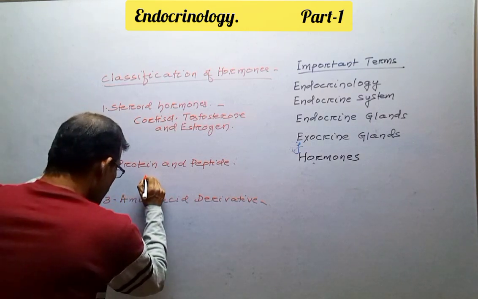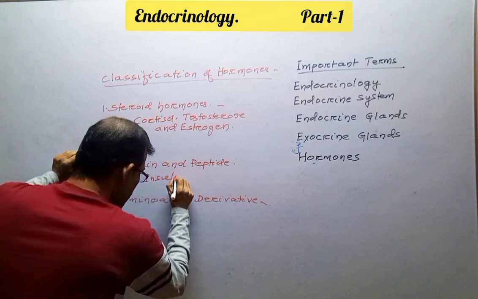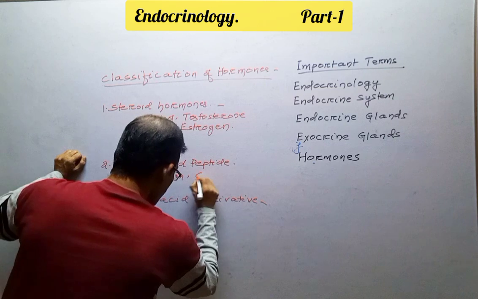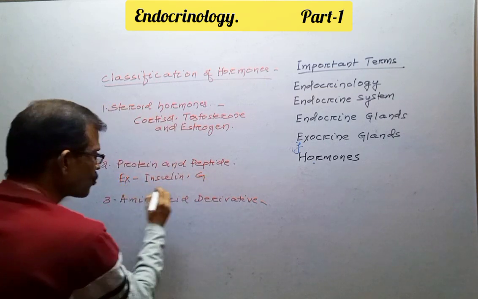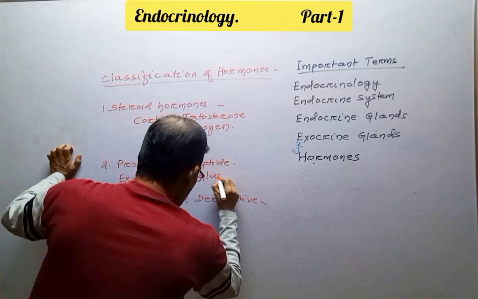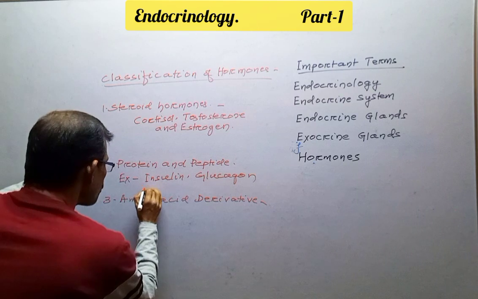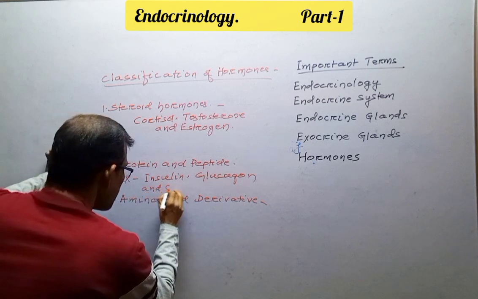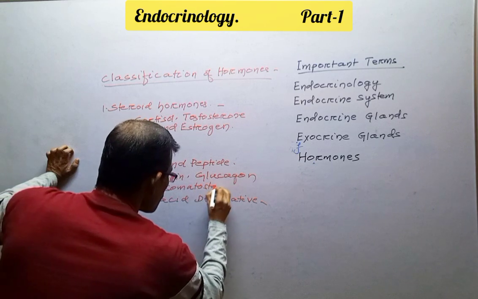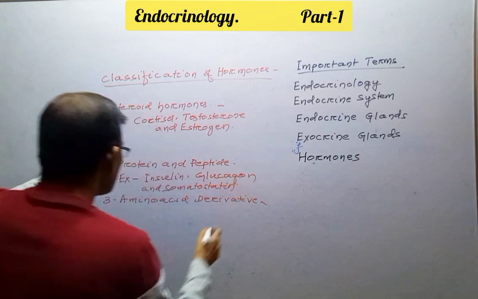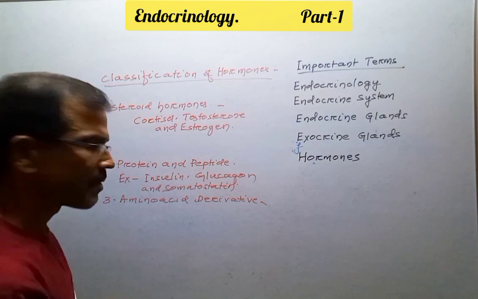For example, insulin, glucagon, and somatostatin. These hormones are proteins or peptides.